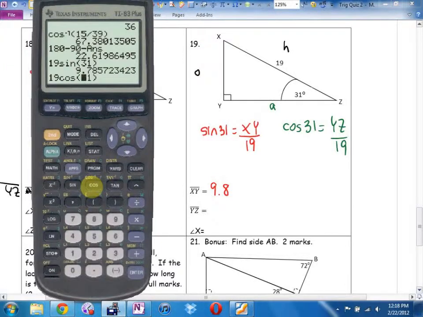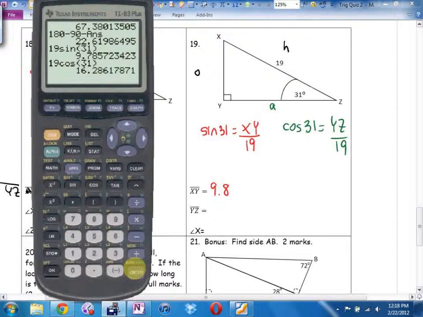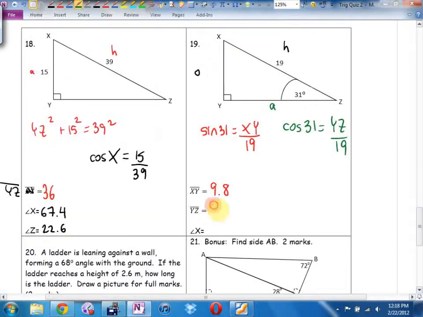We'll get close. Did you get something close to 16.3? I'll take it, but what did you get? Okay, we're okay. Yes, Tanner. Quick like a bunny. You got 22? So show me what you did later. I'm going to guess it's a calculator mistake, or you accidentally found the hypotenuse. Did you use trig or Pythagoras?